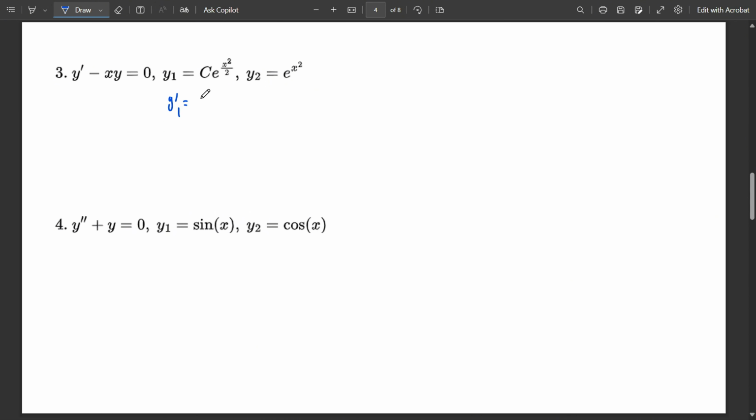So we have c times, well, the derivative of x squared over 2 is 2x over 2, times e to the x squared over 2, and this simplifies to c times x e to the x squared over 2.